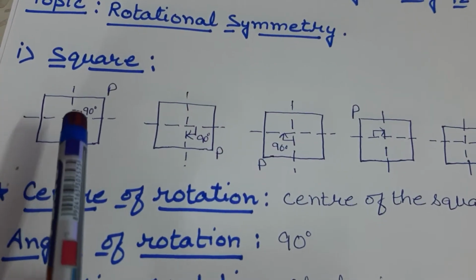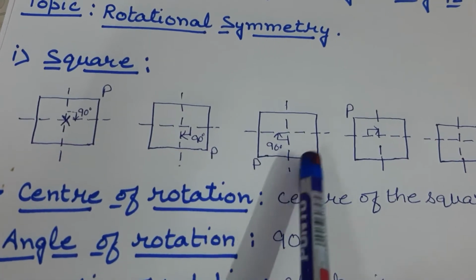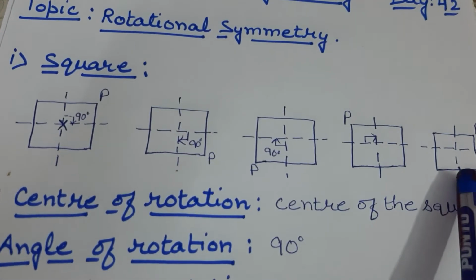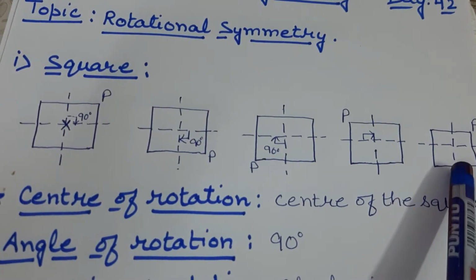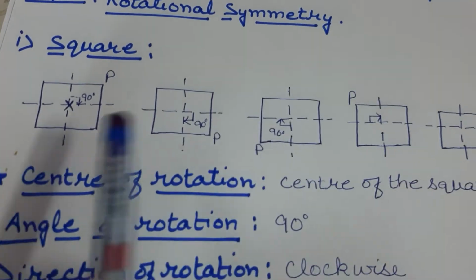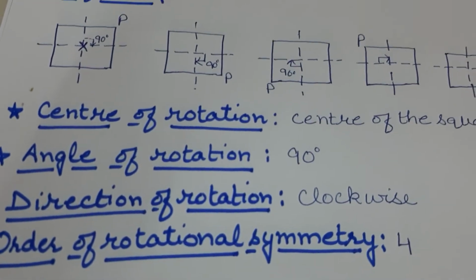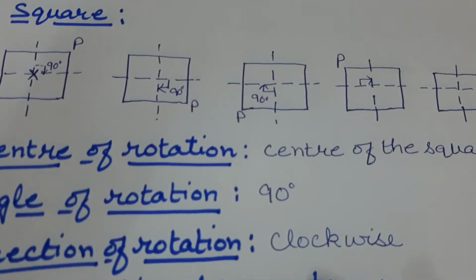Like see, 1, 2, 3, 4. So after 4, now it is in its initial position. So the order of rotational symmetry of the square is 4.